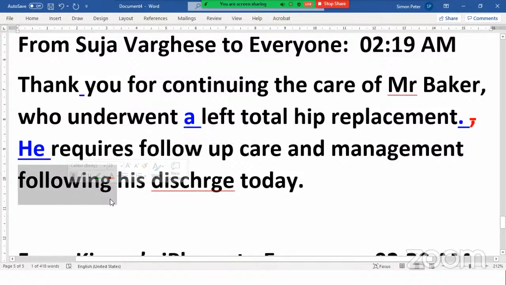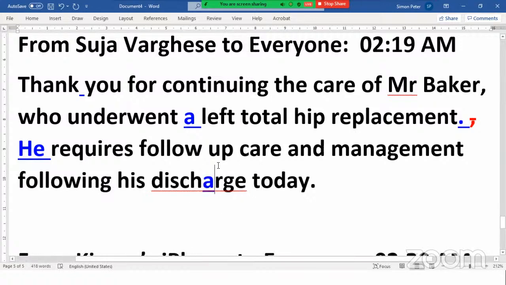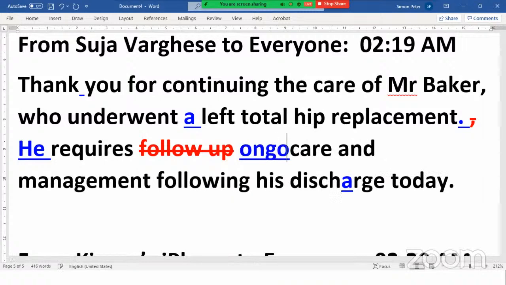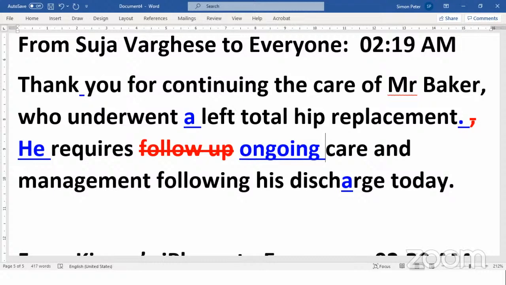And again, you are using following discharge today. So instead of this one, change: ongoing or continuing care and management following his discharge today. So thank you for continuing the care of Mr. Baker, who underwent a left total hip replacement. He requires ongoing care.